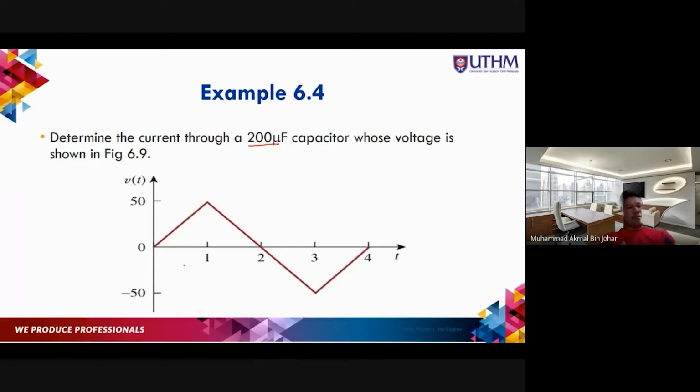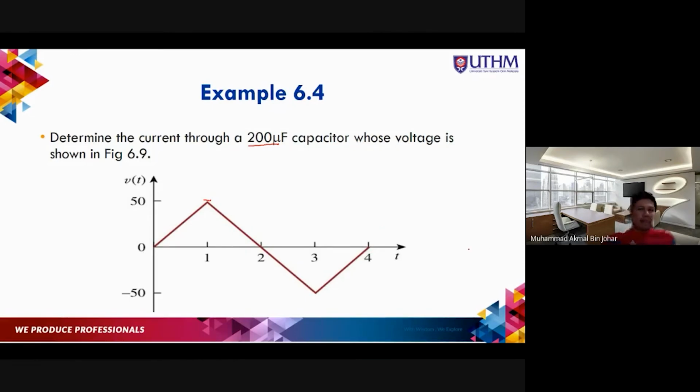From 0 to 1 second, the voltage is increasing from 0 to 50 volts. After 1 second to 2 seconds, it reduces back from 50 volts to 0 volts. And then from 2 to 3, it continues reducing to negative 50. And this will happen continuously.